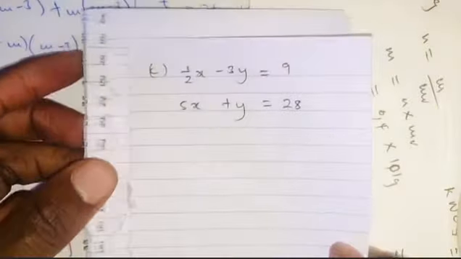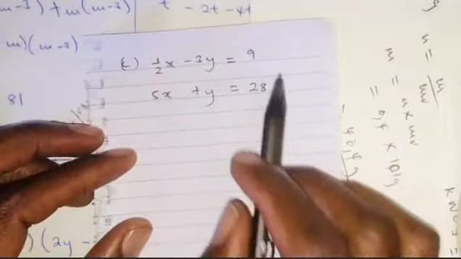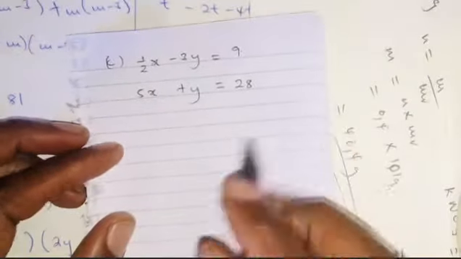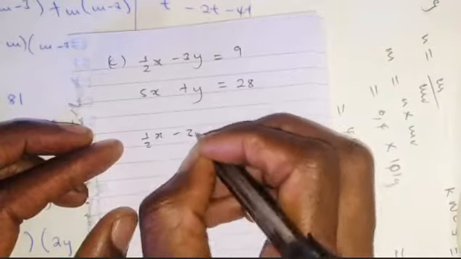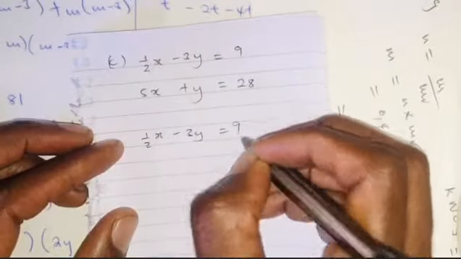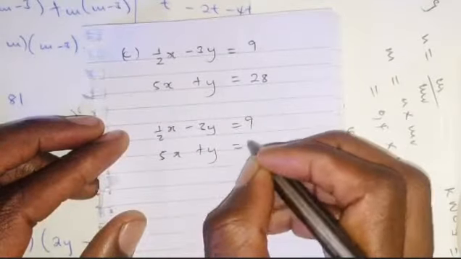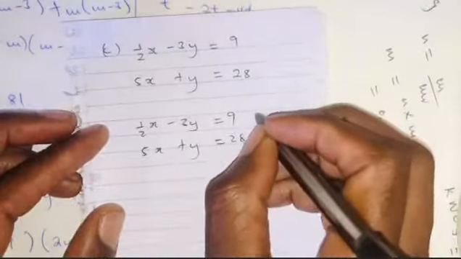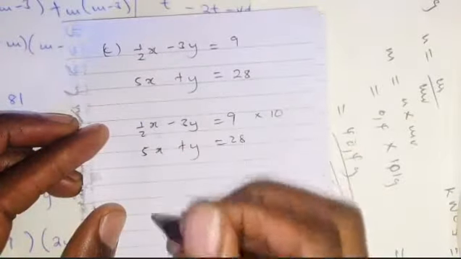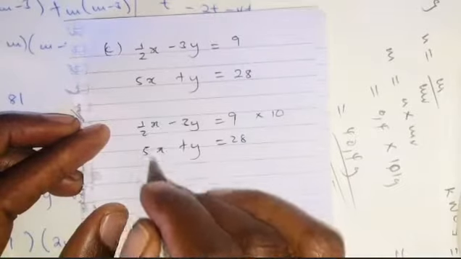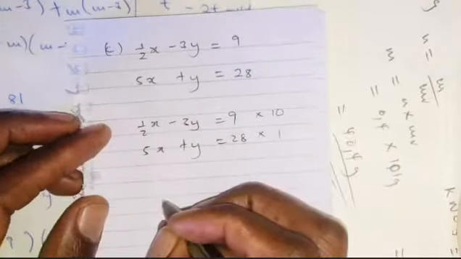Okay, then we go on to item number C. It says solve the simultaneous equation. What we simply do, we've got half of x minus 3y is equal to 9. Then 5x plus y is equal to 28. Then you multiply here by 10, so that you may eliminate x by making similar coefficients.